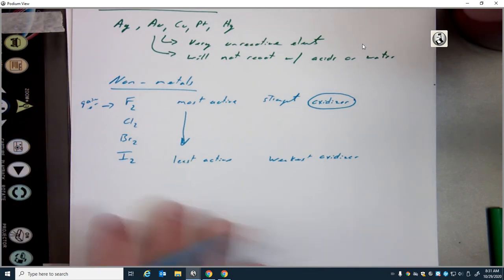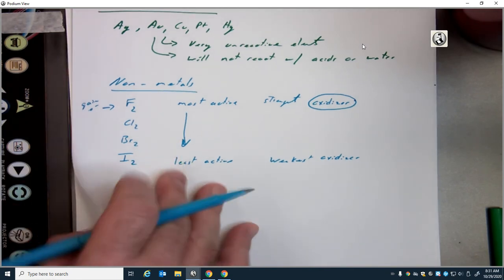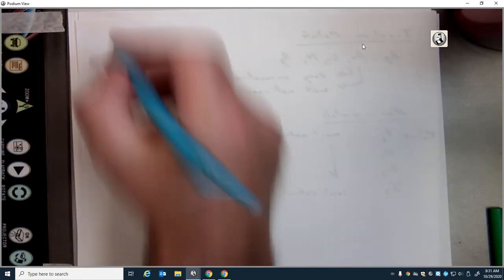So let's kind of finish up redox here. And I just want to kind of give you some common redox equations.